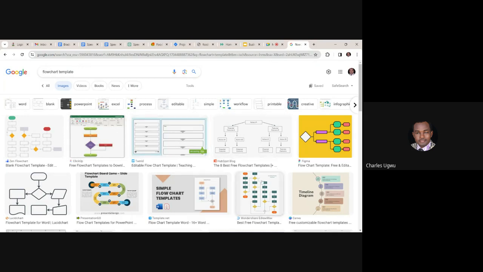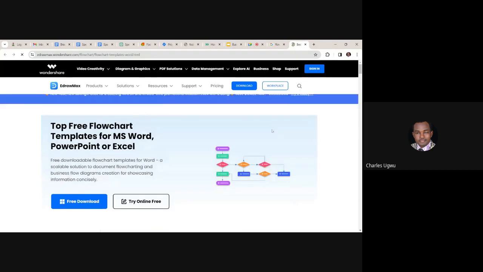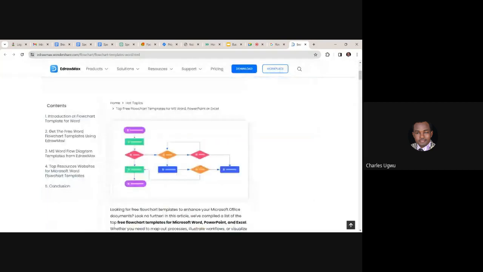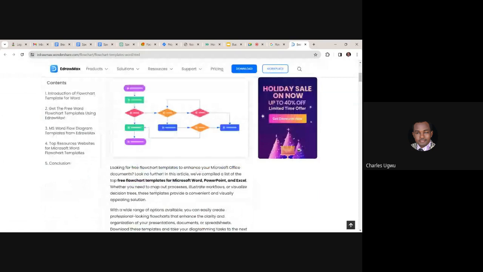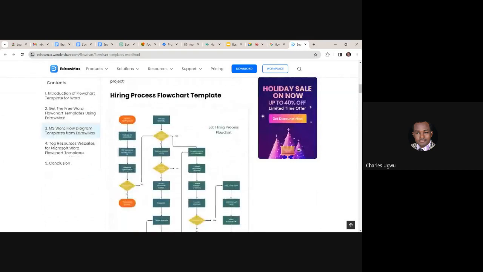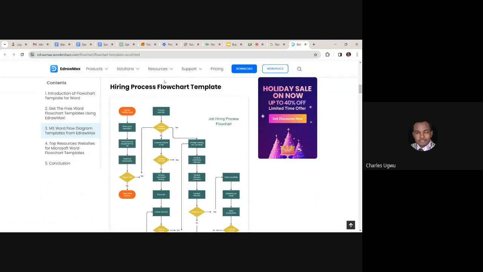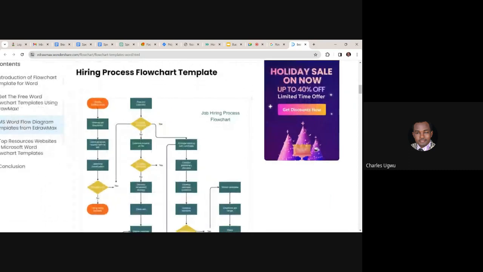You see this? This is an example of a flowchart. That's how a flowchart looks. So you need to model your information this way. For instance, you can see this flowchart is a hiring process flowchart. It's for hiring.